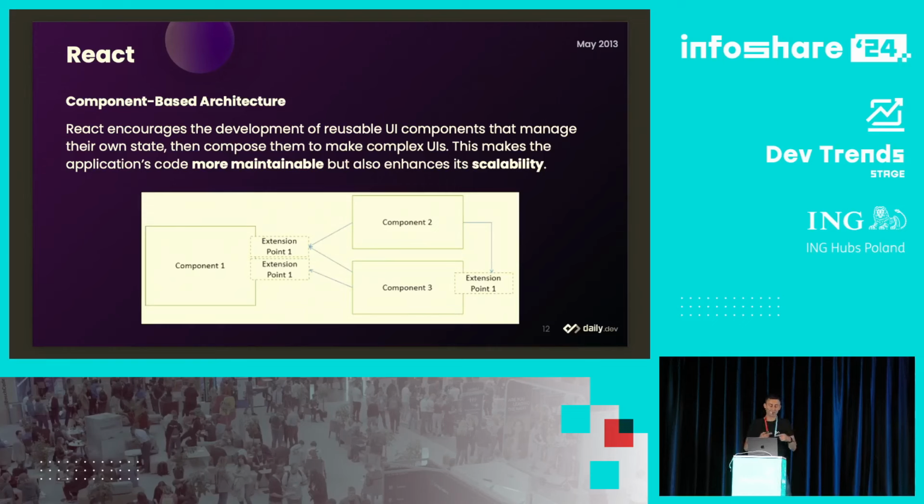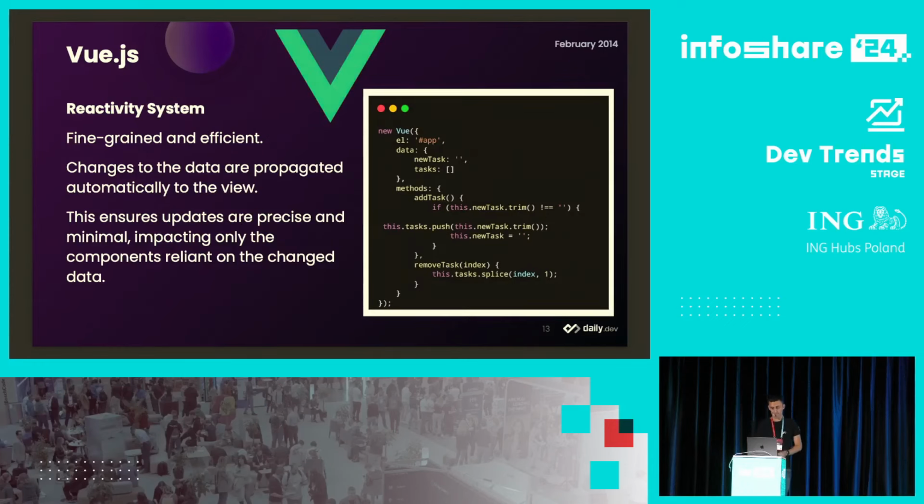And I would say that this is reusable not just inside the single project, but also in upcoming projects. I can reuse the same components in my next React projects. And of course, all of this made them more maintainable and also scalable.